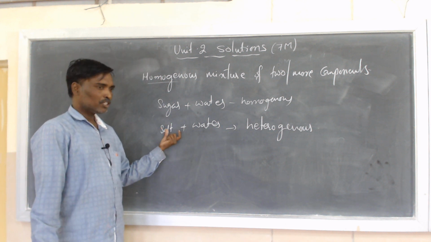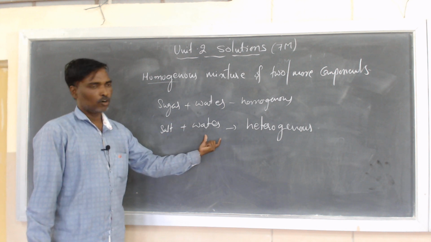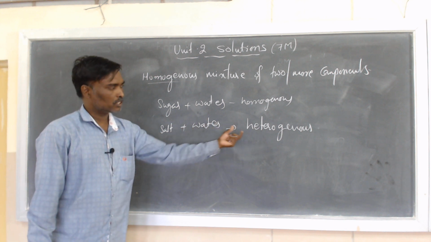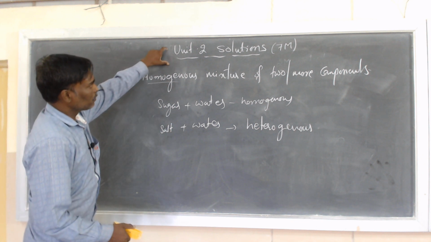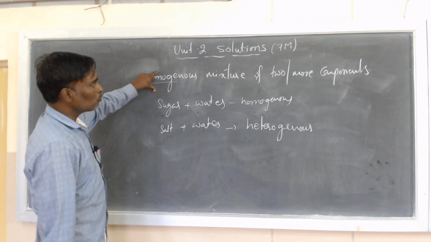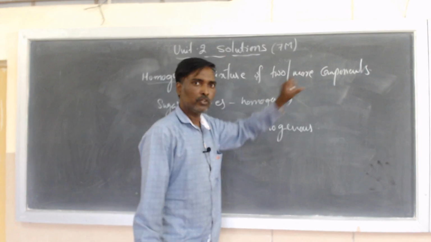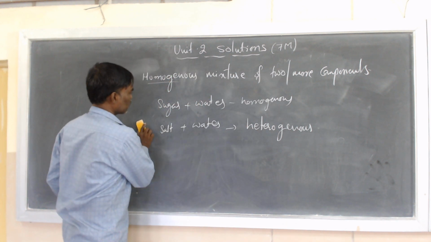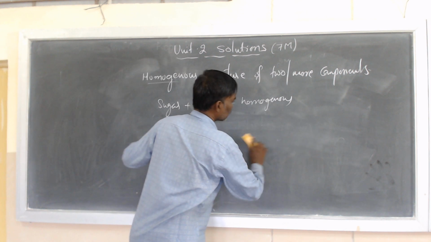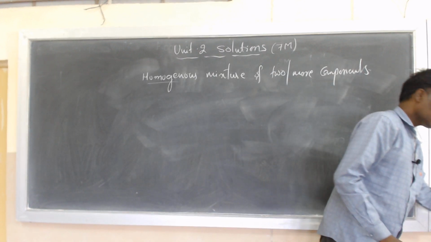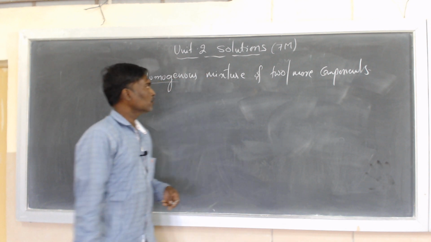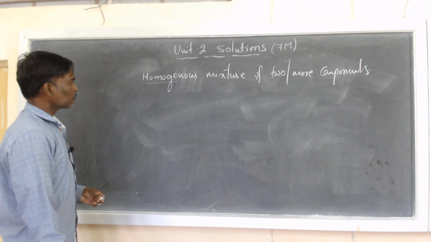So there is a separation of salt and water, and that solution we call heterogeneous. Here we define a solution as a homogeneous mixture of two or more components. That's why we concentrate on homogeneous mixtures of two or more components.